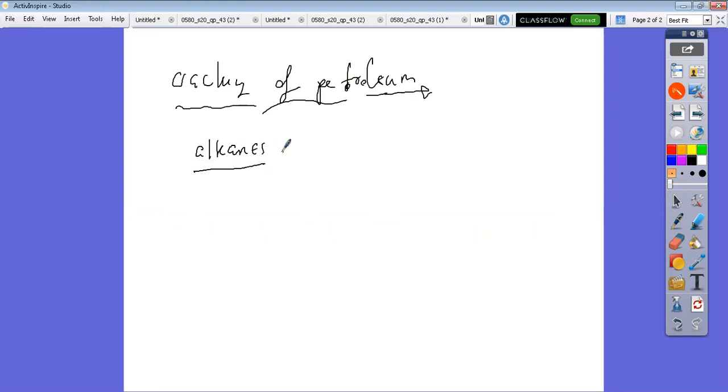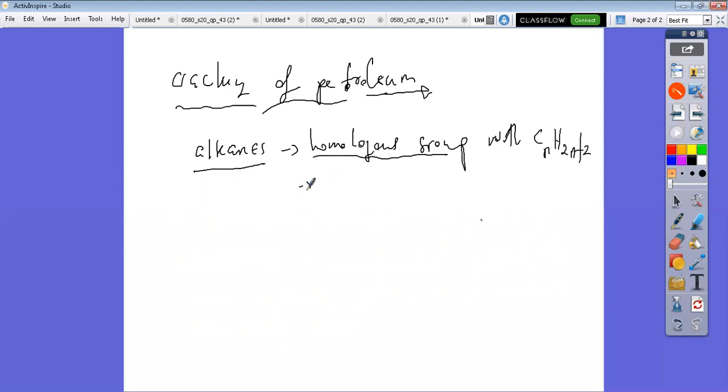So alkanes, these are a homologous group. What is a homologous group? With the general formula CnH2n+2. What are the characteristics? Well, if you say something belongs to a homologous group, it has the same functional group. Are we together?